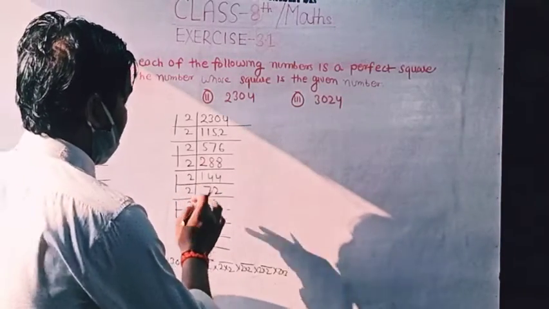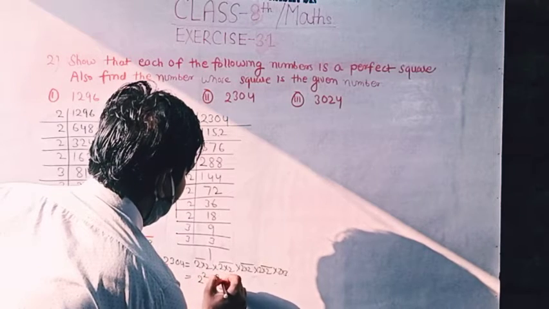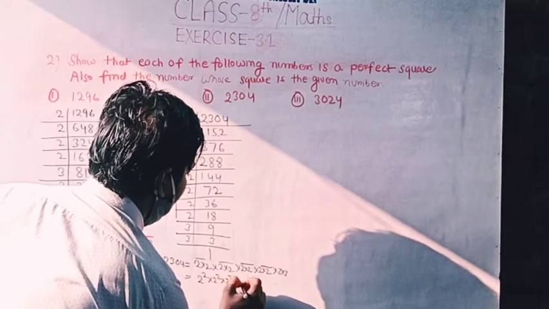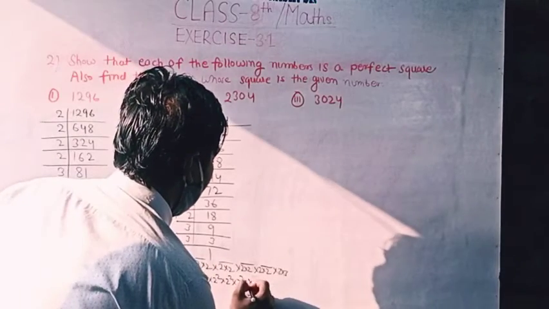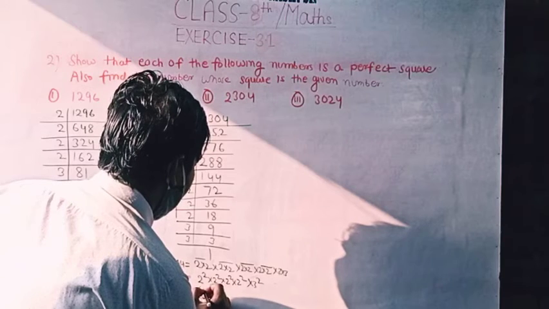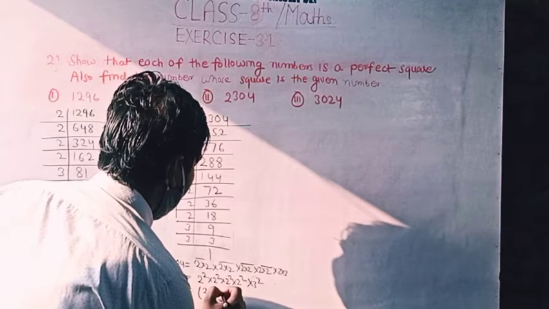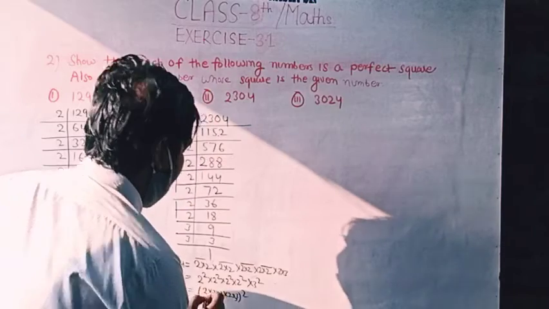So this is a perfect square, and this is written as 2 to the power 2 into 2 to the power 2 into 2 to the power 2 into 2 to the power 2, and this is 3 to the power 2.